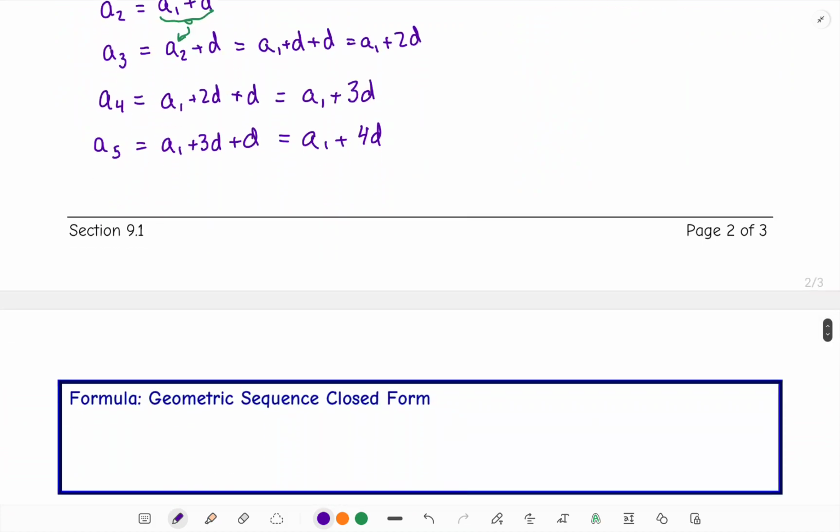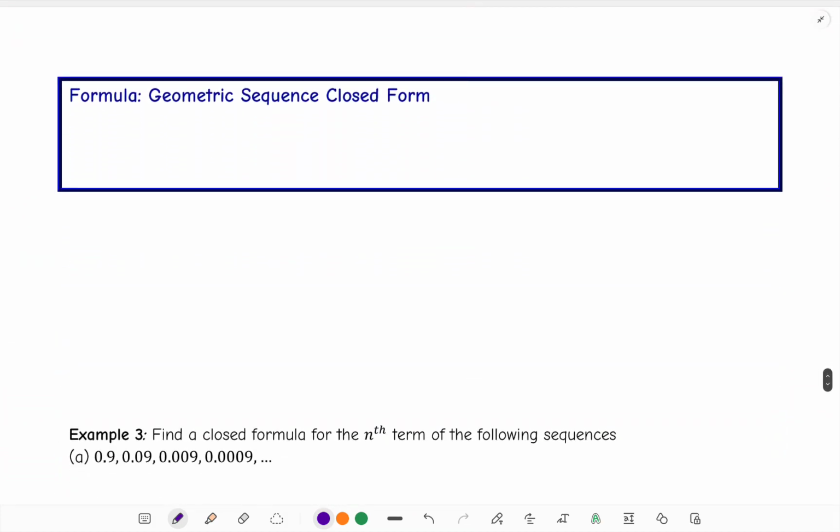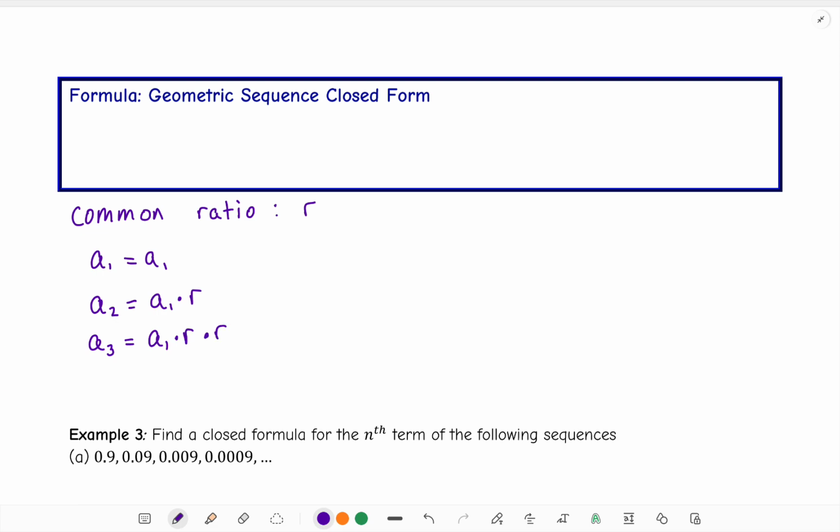Now to get the closed form for a geometric sequence, we're going to start out the same way, except instead of a common difference, we have a common ratio, which we will call R. And again, I do not know what the first term is, so A1 equals A1. But then I can calculate all the other terms. A2 would equal A1 times R. A3 would equal that times another R. And then R times R is R squared.